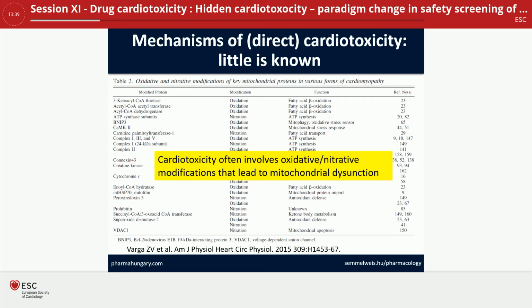But it also seems that most of the cardiotoxic drugs have some effect which converges to the mitochondria, but the mechanisms are really not known. Here you see several mitochondrial enzymes which show some dysfunction in many of the cardiotoxic effects, especially for the doxorubicin type compounds.